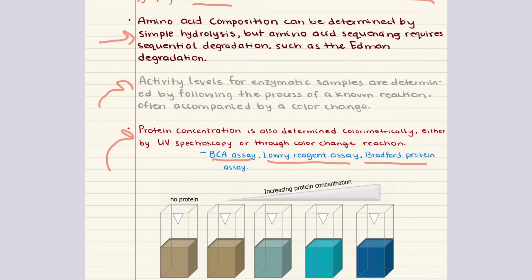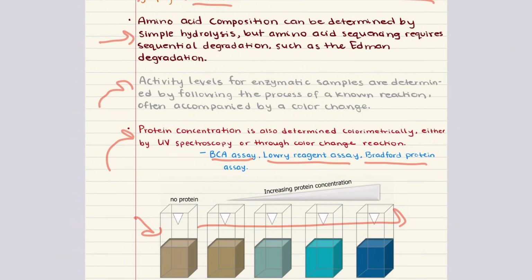It uses a blue dye called Brilliant Blue, which is normally a brownish color when it's protonated. When this dye binds to certain amino acid groups in the protein, it loses protons and then it shifts to a blue form. As the amount of protein in the solution increases, more dye binds and the solution becomes more intensely blue. So higher protein concentrations lead to deeper blue color.